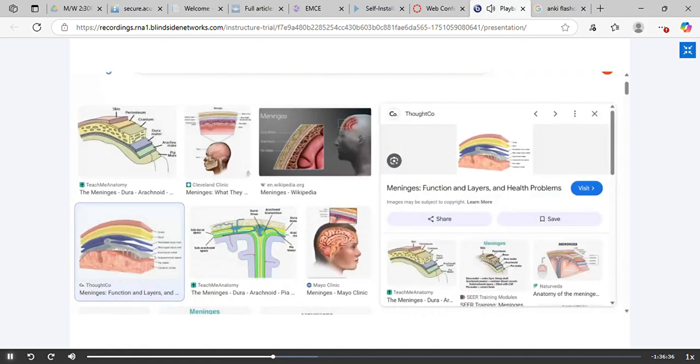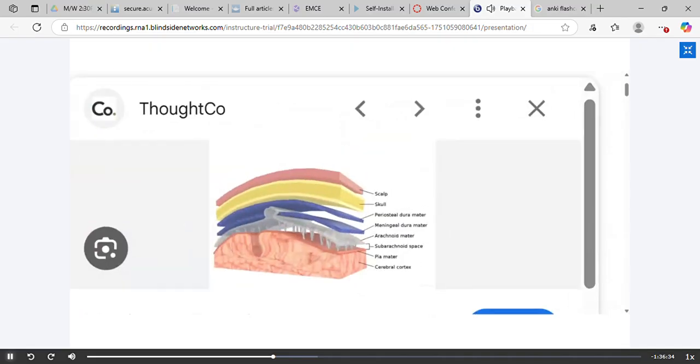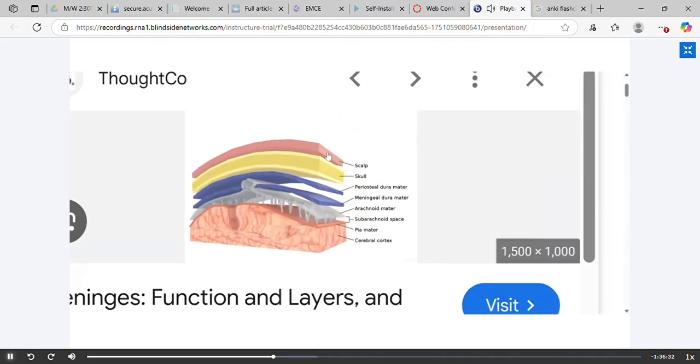So if you look at this, here's your scalp, right? So here's your skin. Here's your skull, which is the cranium. Then you have the dura mater, which is this blue. Dura means big. Mother is like big mother, right?